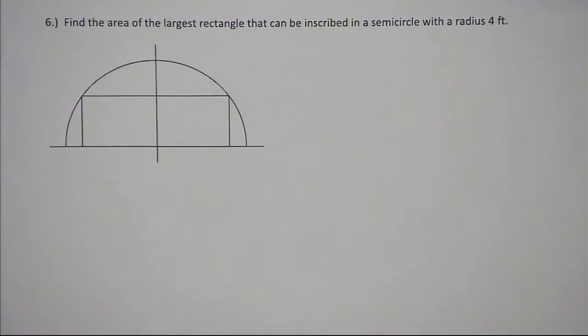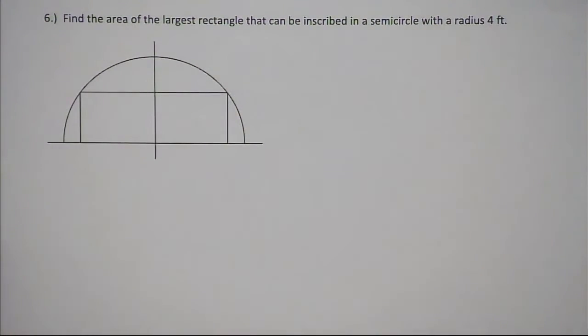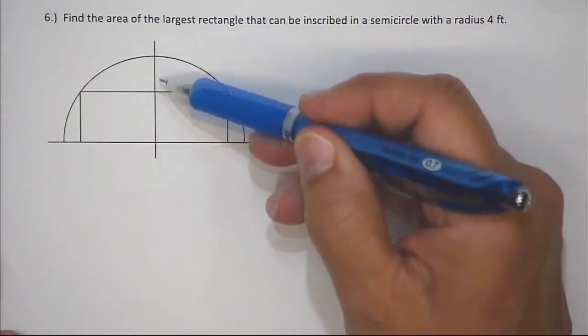Okay? All right, so the problem here is that we have a circle or a semicircle. So we're talking about the radius, but then we're on this coordinate plane here. So we've got distances of x and y when we talk about it. So we got to get this down to one letter. Okay? All right, so here's a semicircle with radius 4. I don't want to call this the radius because that'll throw us off.